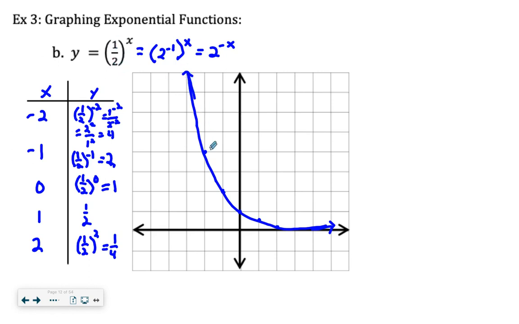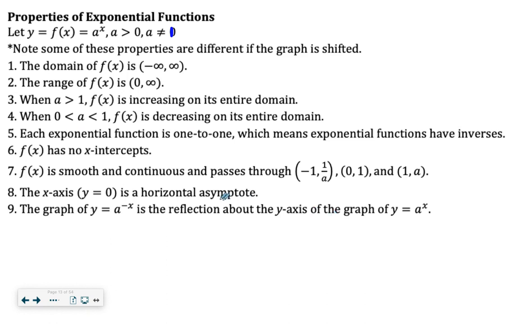The function is decreasing, right? Now, each exponential function is 1-to-1, which means exponential functions have inverses, and we'll look at that in a later section. There are no x-intercepts because that line y equals 0 was an asymptote.